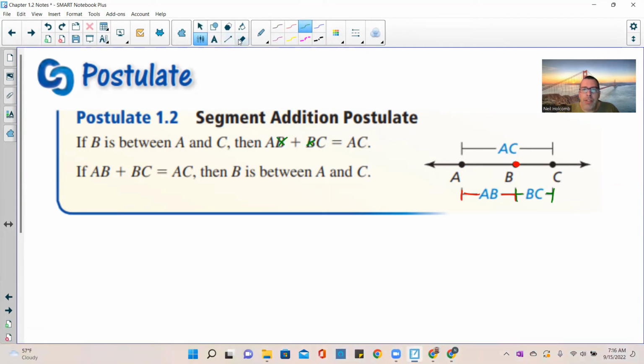See where that comes from right there? All right. So in this situation here, AB plus BC equals AC. And it says if AB plus BC equals AC, then B is between A and C. So that is the addition postulate, and that's what we'll be using for example 3. Okay, so give me a moment.